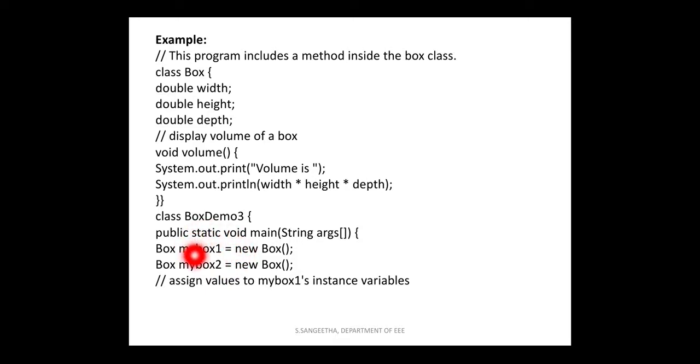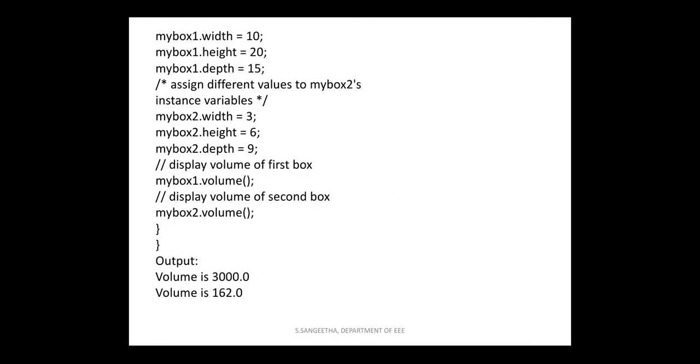Next you have to assign the instance variables of these two boxes. First assign the mybox1 instance variables, then the mybox2 instance variables. For mybox1, mybox1.width is 10, the height value is 20 and the depth value is 15. Next assign the instance values for box 2: mybox2.width is equal to 3, mybox2.height is equal to 6, mybox2.depth is equal to 9.